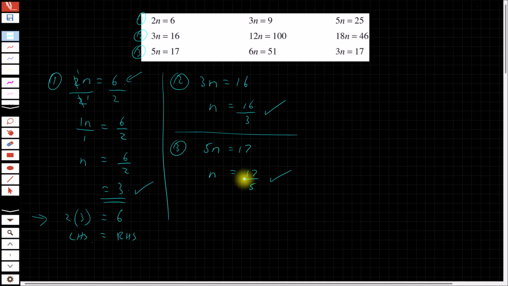We can check this answer if it's correct by back substituting into the original equation. 17 over 5. 5 cancels out there, and we're left with 17, which equals 17 on the right hand side. So left hand side equals the right hand side.